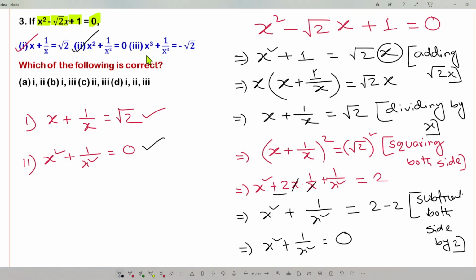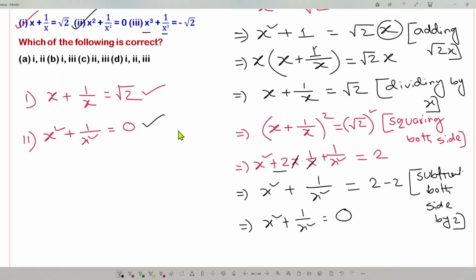So what about x cube plus 1 by x cube equals minus root 2? Be careful, this is minus root 2. So this is number 3: x cube plus 1 by x cube equals minus root 2.